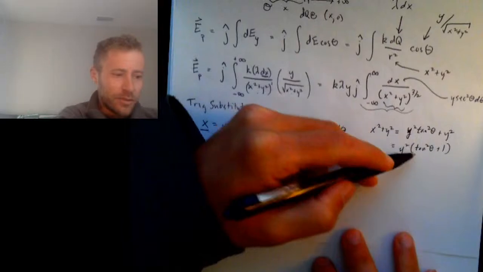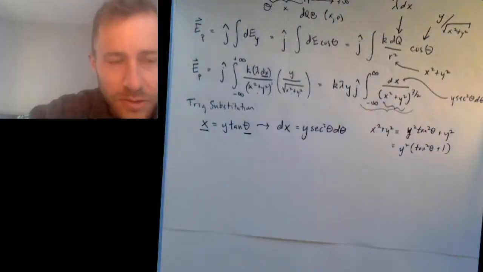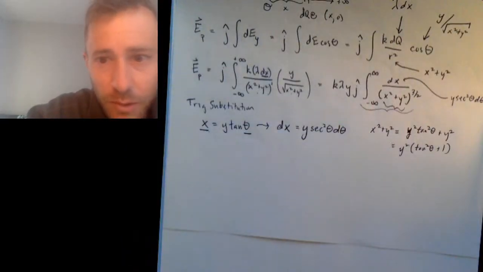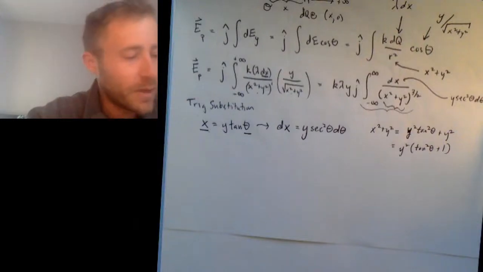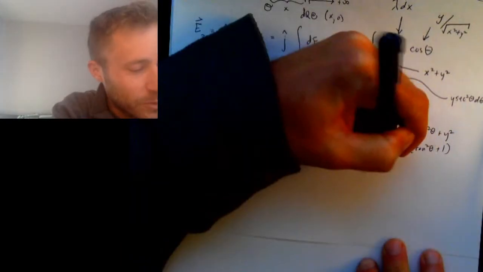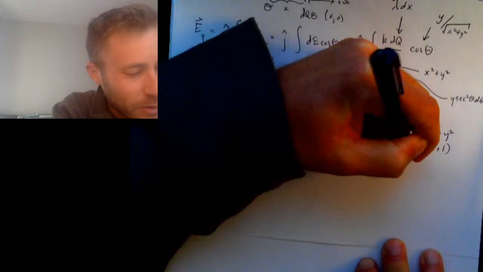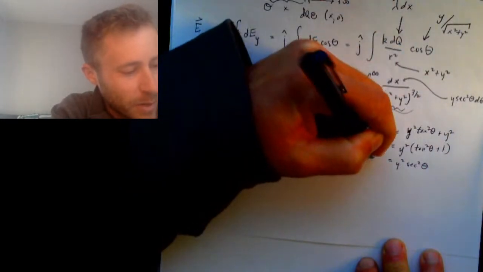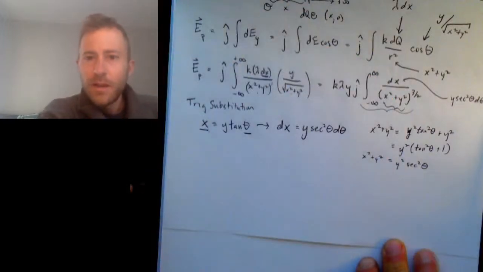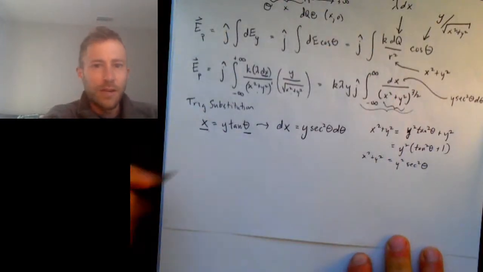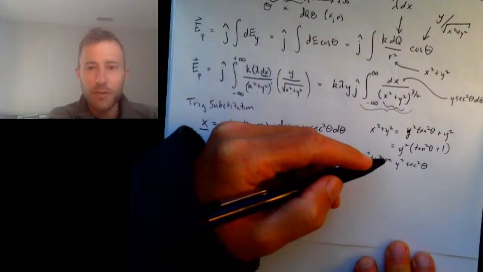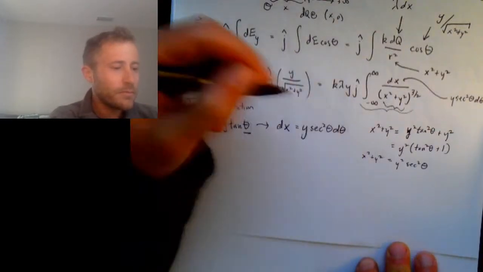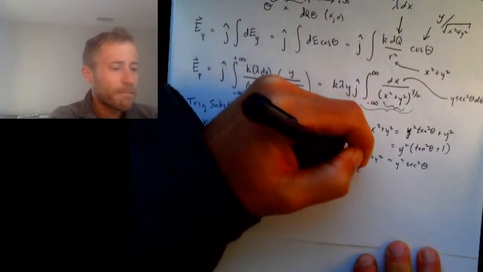This is just a restatement of sine squared plus cosine squared equals 1, so it is actually equal to secant squared of theta. Hopefully you've done that in your math class before. And then I raise both sides to the 3/2 power.